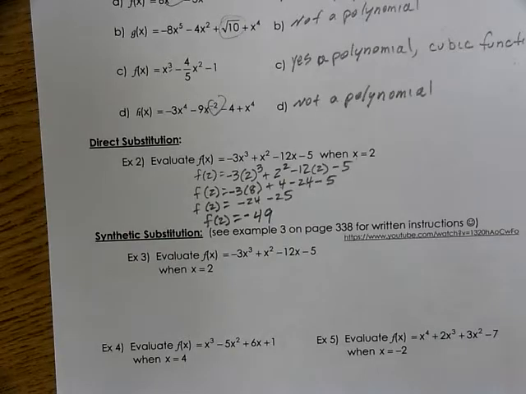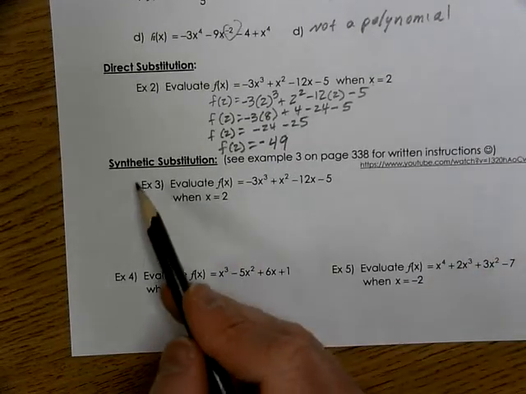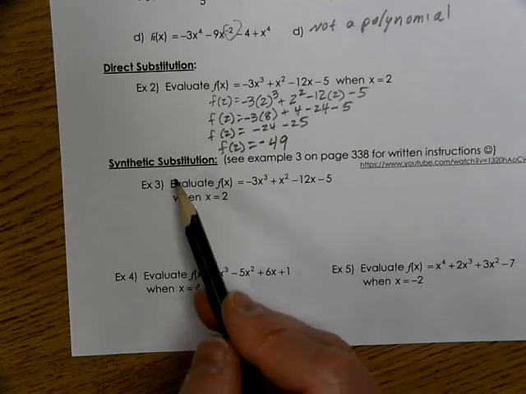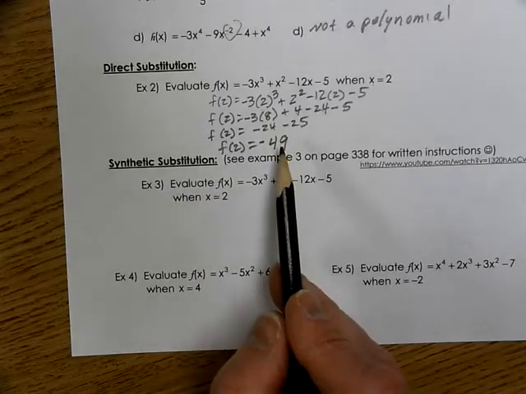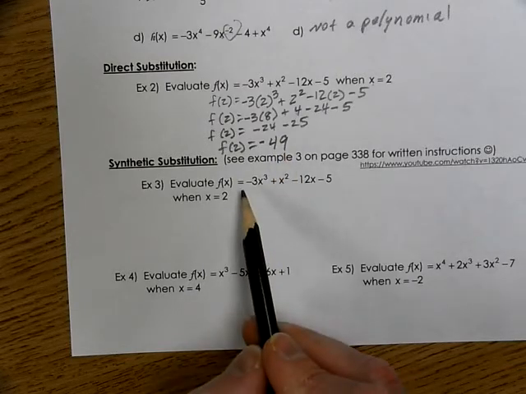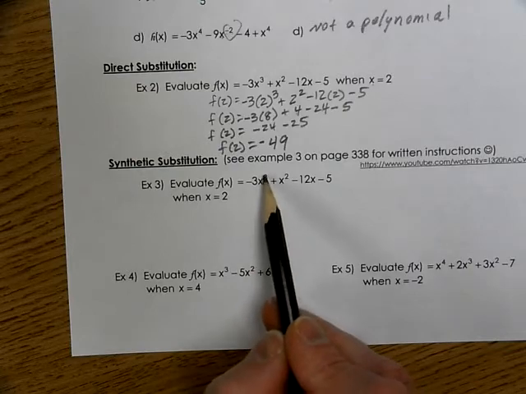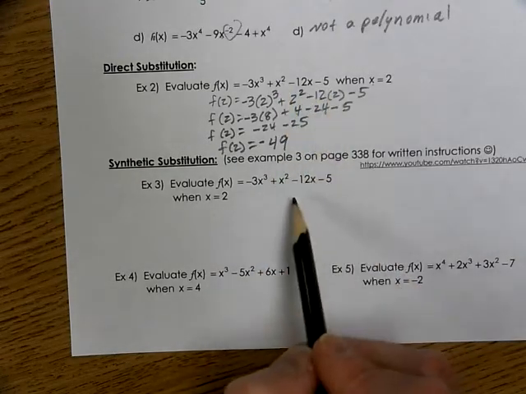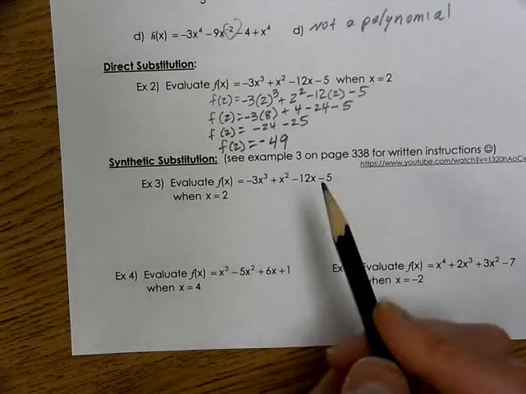So you notice that that took several lines for us to come up with the calculation. Well, synthetic substitution is a little quick format way for us to calculate out what this value could be. So here we're using the same exact negative 3x cubed plus x squared minus 12x minus 5. So we're still going to evaluate it when x is 2.